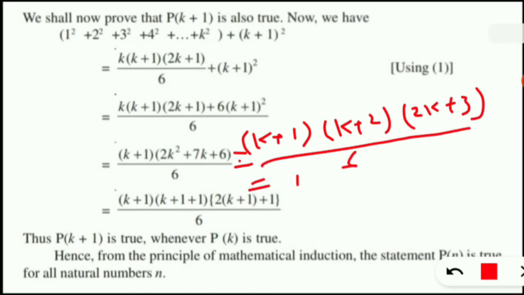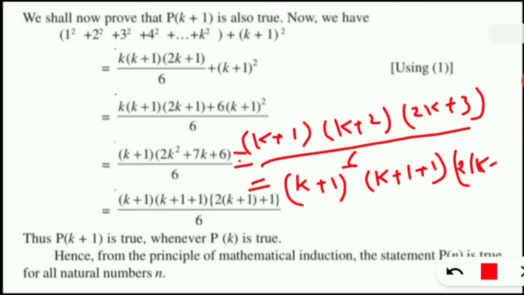After that, k plus 1 and this k plus 2 can be written as k plus 1 plus 1, and this 2k plus 3 is 2 into k plus 1, that means 2k plus 2 plus 1, whole divided by 6. Clear?